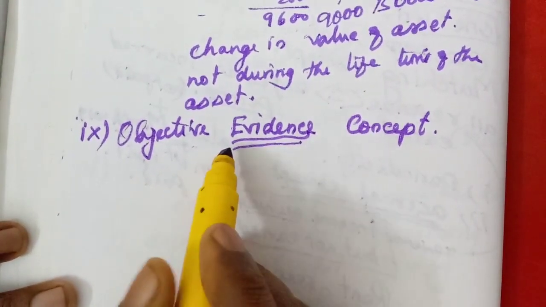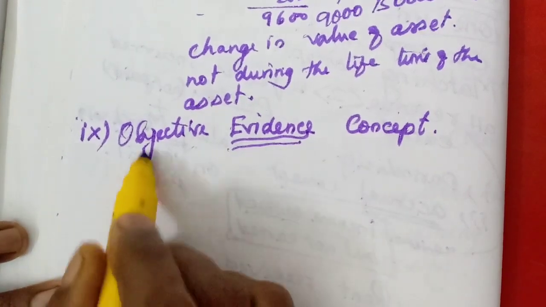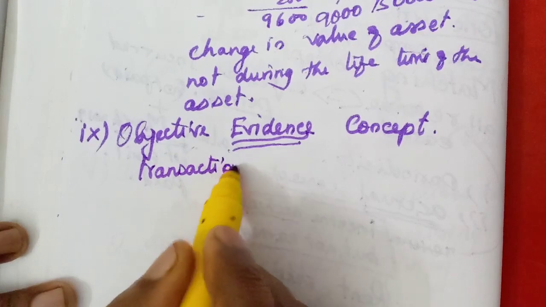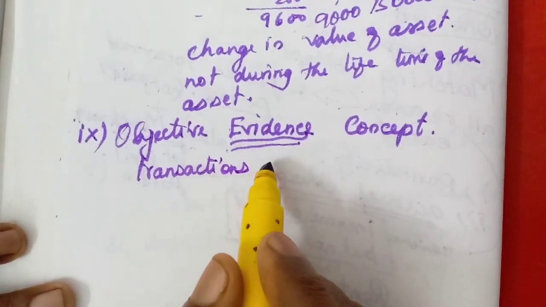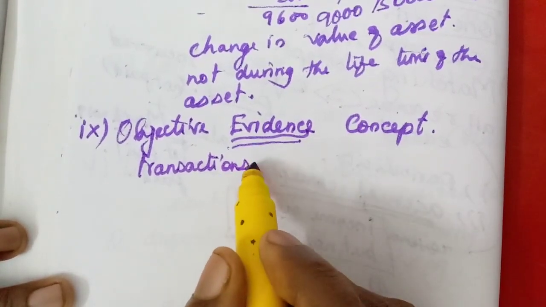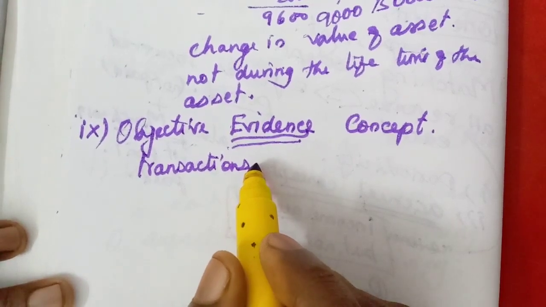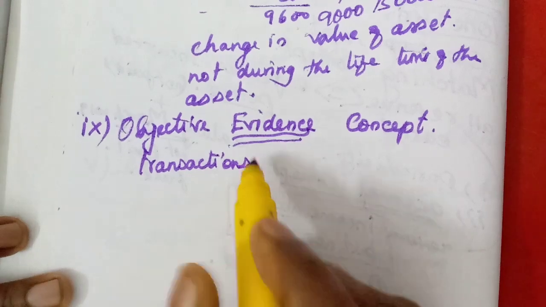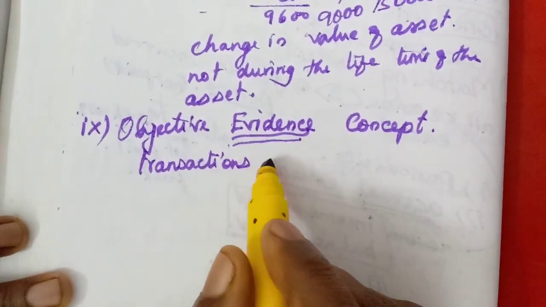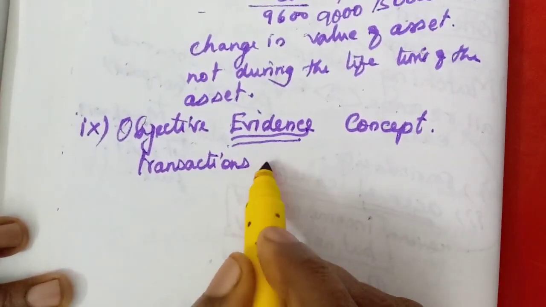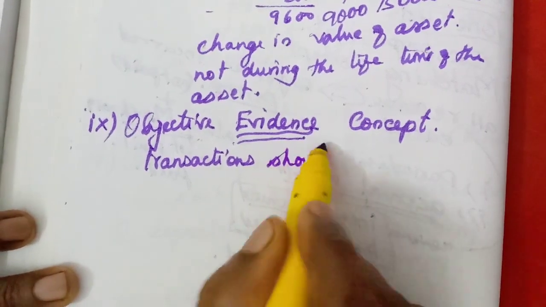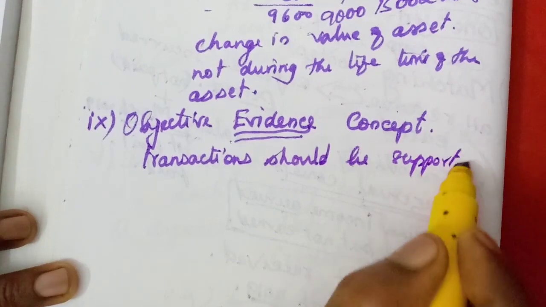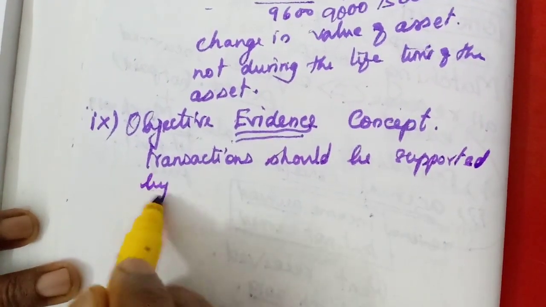Documentary evidence must be there for each and every transaction. That only shows the accuracy and authenticity of the transaction, that means the truthfulness. Transactions should be supported by documentary evidence.